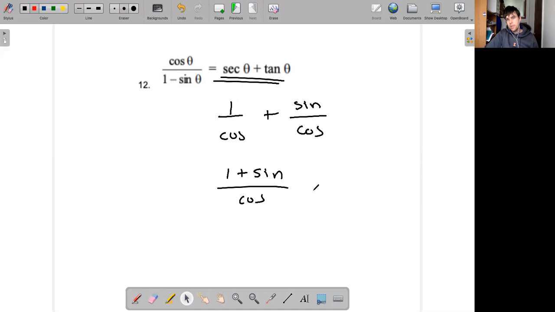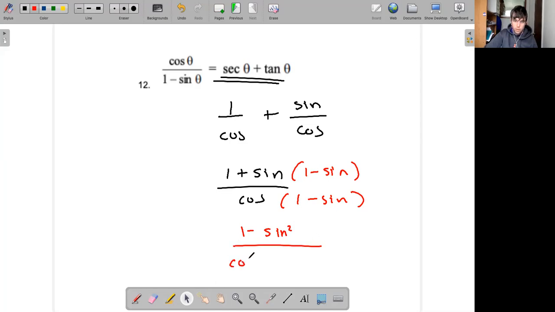What happens if we do conjugates? Let's do that conjugates idea again. So let's multiply by 1 minus sine over 1 minus sine. That's going to give us 1 minus sine squared, which is cosine squared, over cosine times 1 minus sine. This gives us the 1 minus sine in the denominator we're looking for.